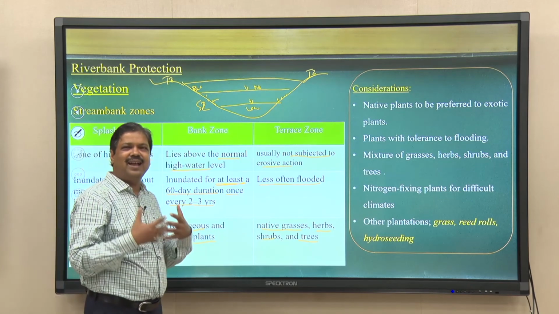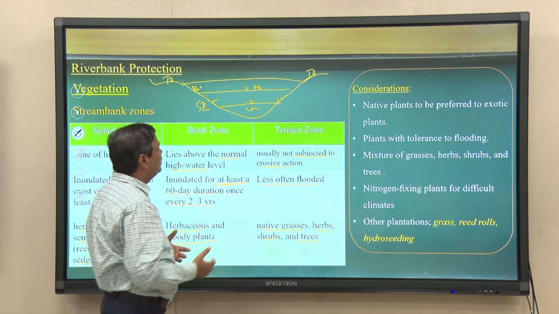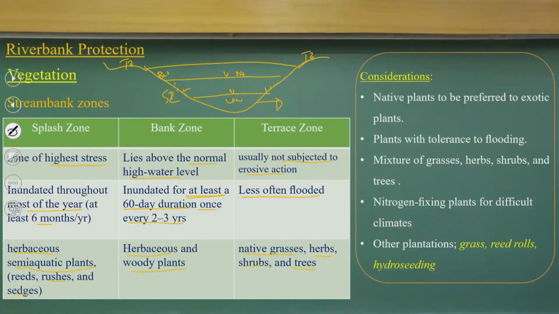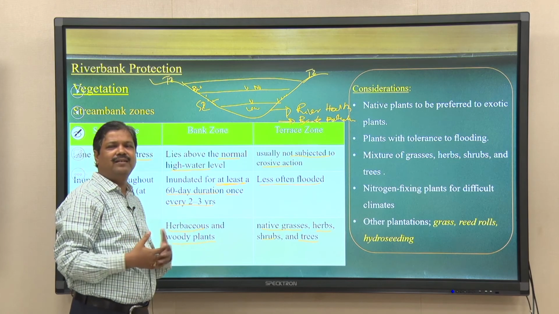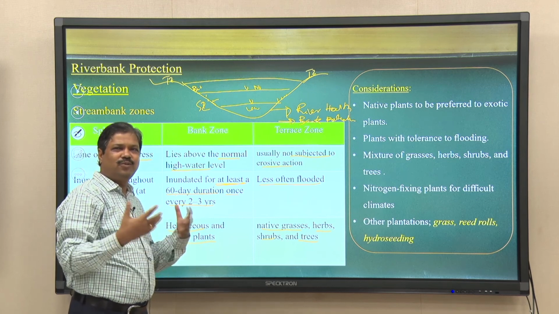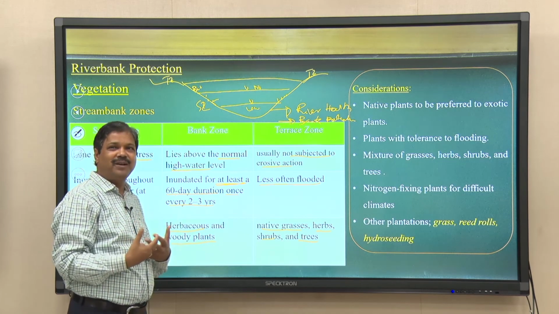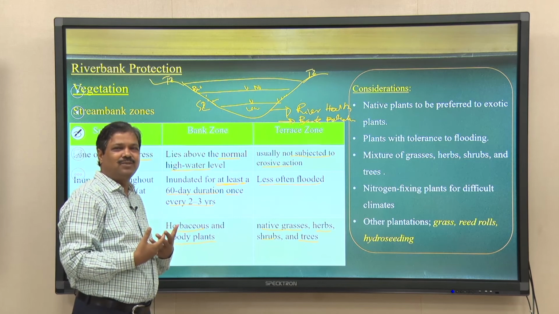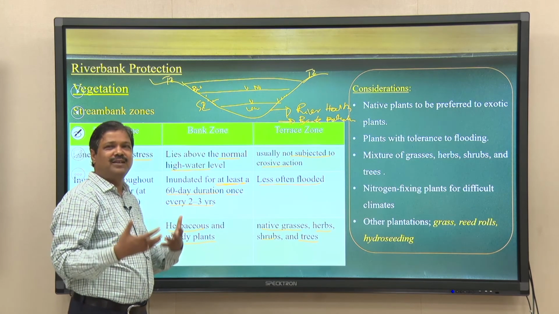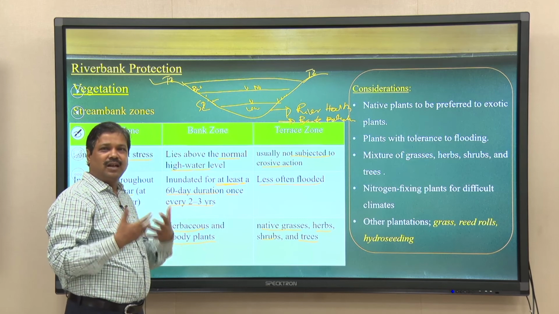So the basic idea as river engineers is that we try to improve the river health, as well as protect the banks, because we change the near-bed or near-bank hydraulic conditions. That is what we try to understand, but how effective it is remains a big question mark when you talk about extreme flood conditions.